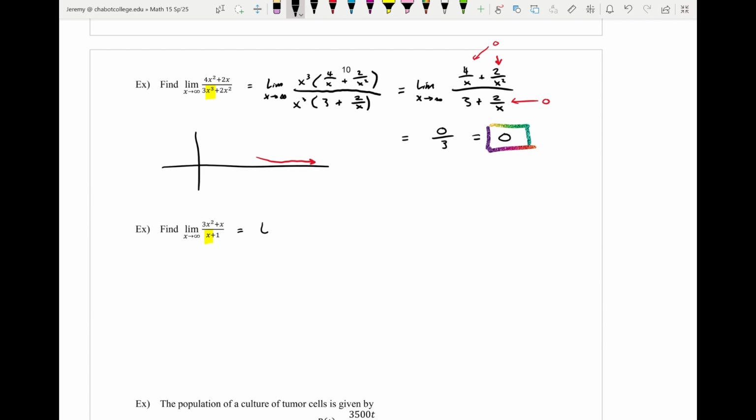So if I do that, factor out an x from the numerator, I'm left with 3x plus 1. Factor out an x from the denominator, I'm left with 1 plus 1 over x.